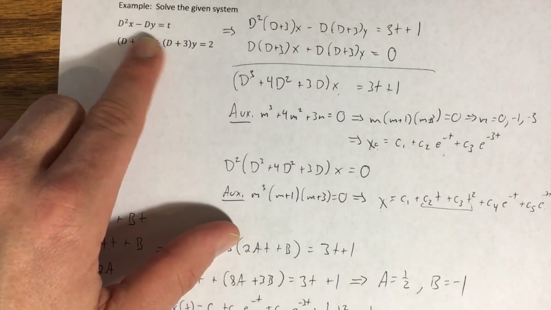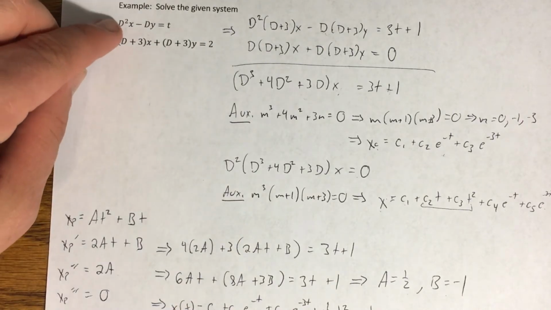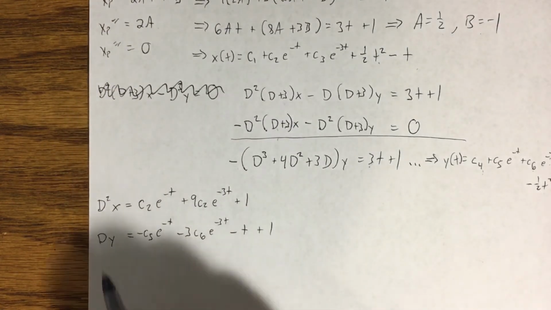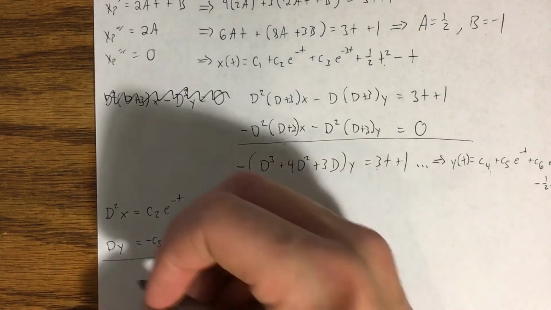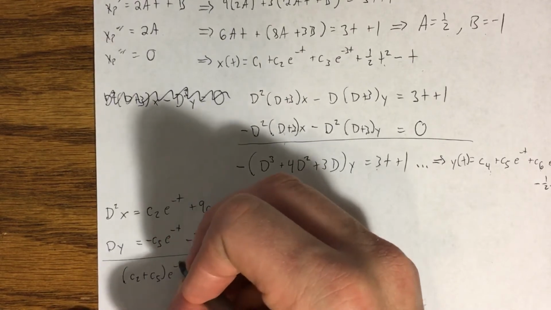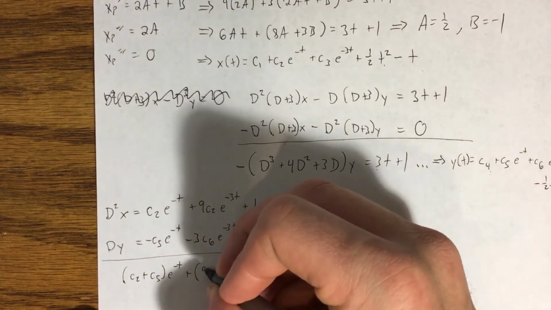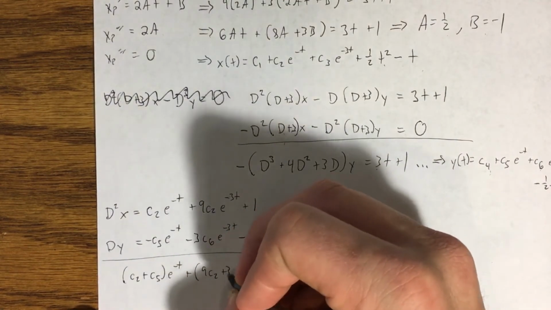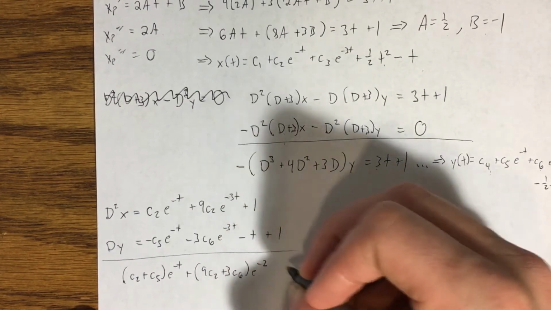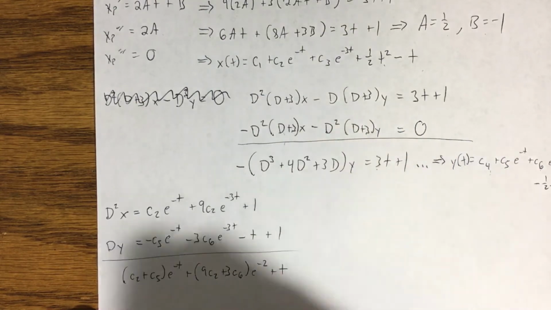If I substitute those into this first equation up here, I should be able to set them equal to t. So I take the first thing I found, subtract the second thing I found. This minus this. That's going to give me c2 plus c5 e to the negative t plus 9c3 plus 3c6 e to the negative 3t plus t, and then 1 minus 1, those cancel.